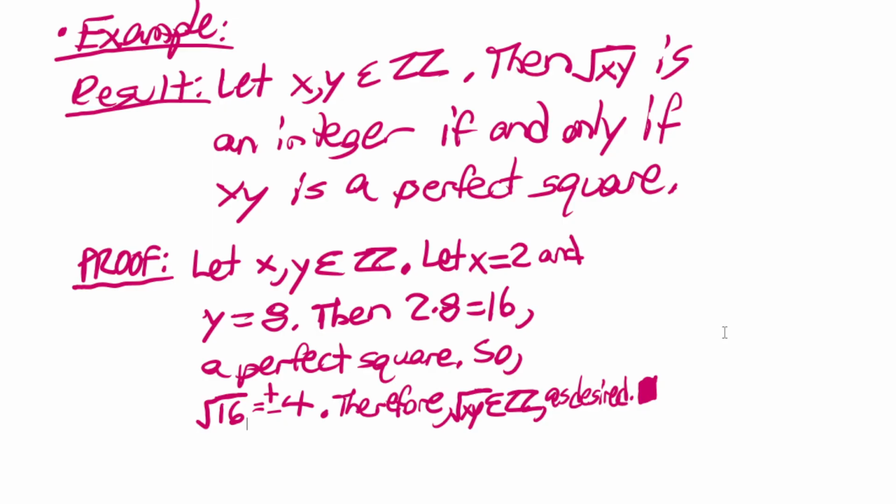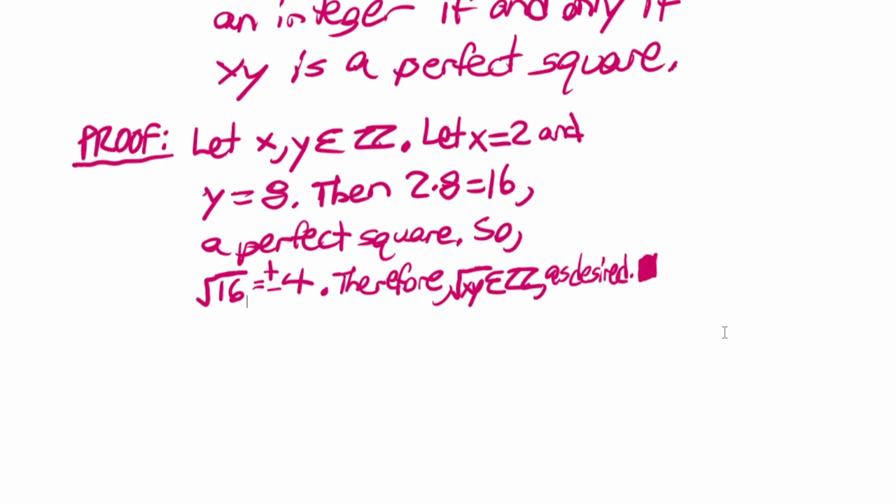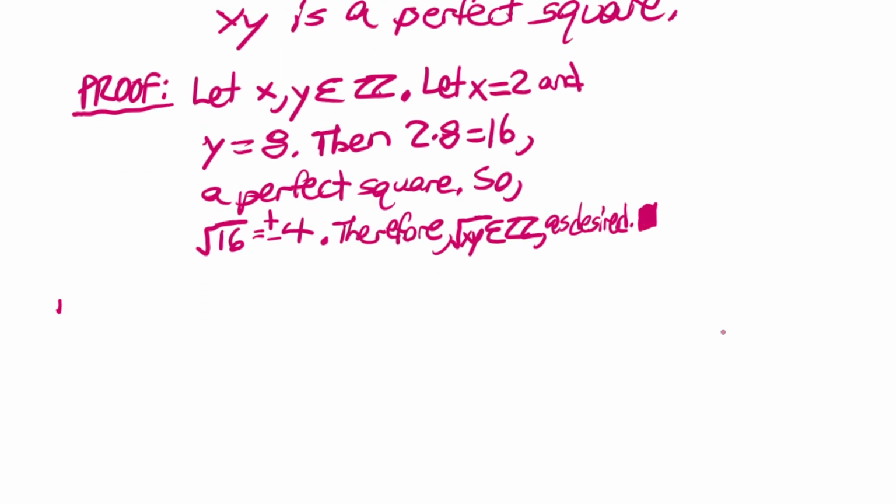And then the square root of 16 equals plus or minus 4. So therefore, the square root of xy is an integer as desired. So this proof on the surface might look kind of right, but let's write a proof evaluation here and try looking at some of the things that may be wrong with it.